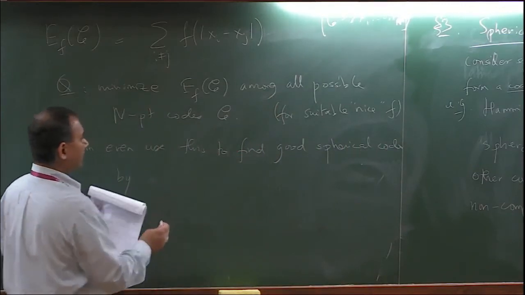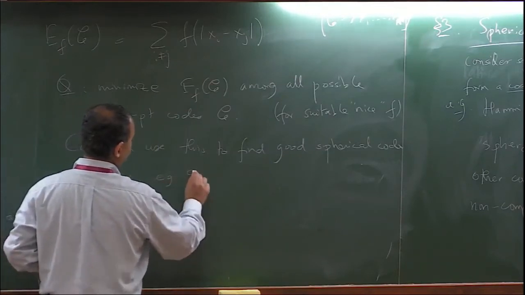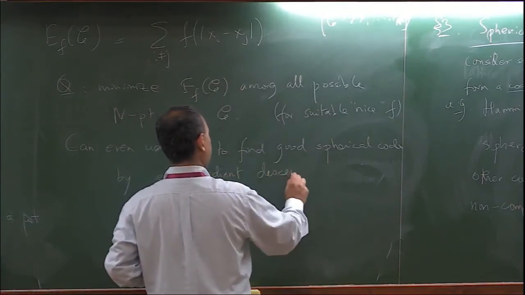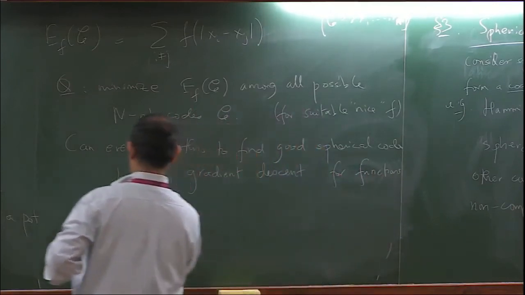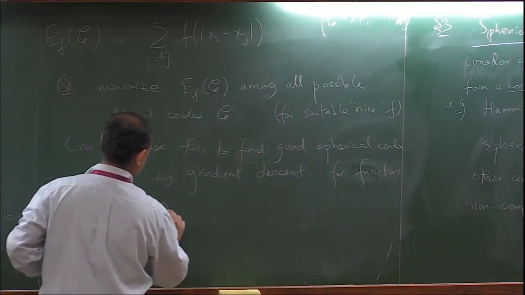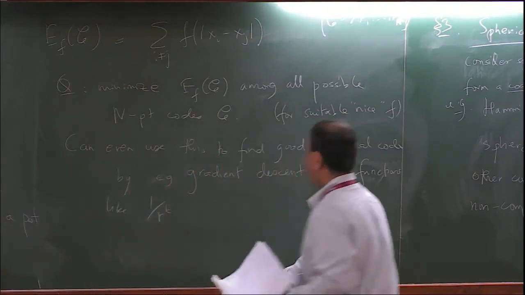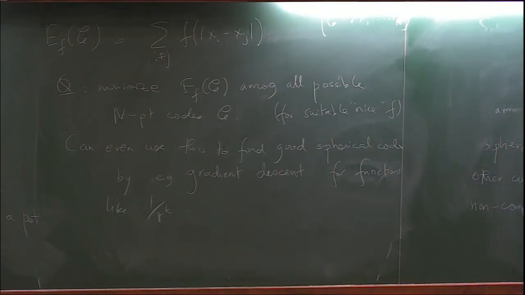By trying to numerically solve this problem by doing something like gradient descent on the space of codes, for functions like 1 over distance to some power, or 1 over distance, or 1 over distance squared. That turns out to be useful in the geometric situation, but in itself it's quite a nice problem that physicists care about, and we will also care about that problem a little bit.